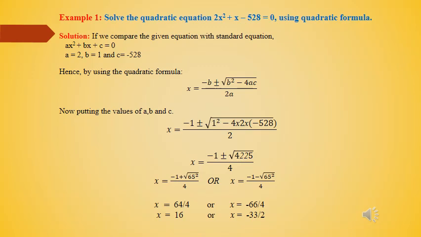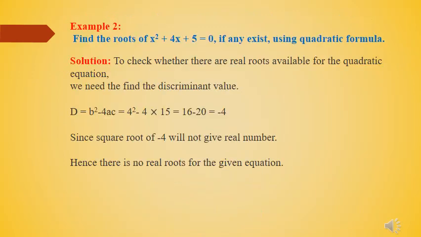After taking 65 outside the square root, we get two real roots of x, that is 64 by 4 and x is equal to minus 66 by 4. After solution we get x is equal to 16 and x is equal to minus 33 by 2. Like that we can solve any quadratic equation.